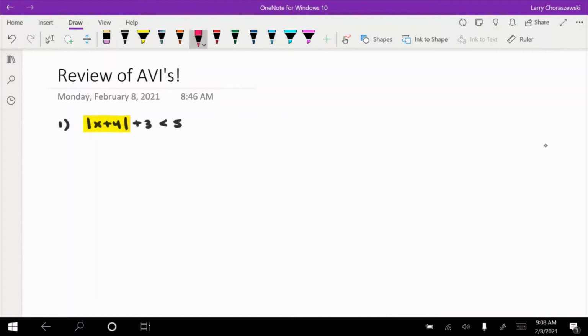There is the addition of 3 right behind it. So to isolate this, we'll subtract 3 from each side. That leaves us the absolute value of x plus 4 is less than 2. Notice there's nothing in front of it, nothing behind it now on the left-hand side of the inequality symbol. And speaking of, that inequality symbol is a less than.